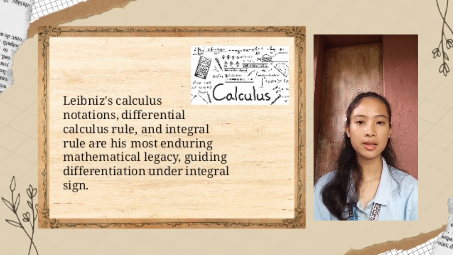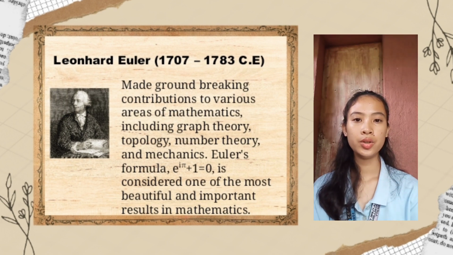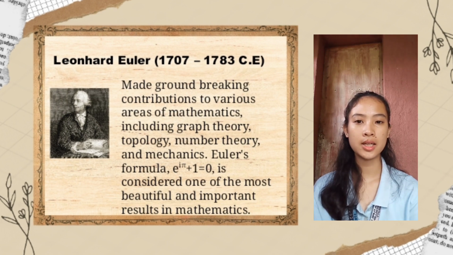Leonhard Euler, in 1707 Common Era, made groundbreaking contributions to various areas of mathematics, including graph theory, topology, number theory, and mechanics.